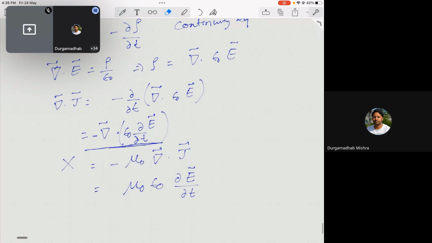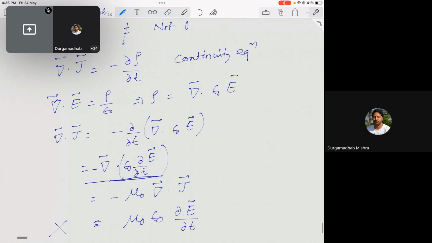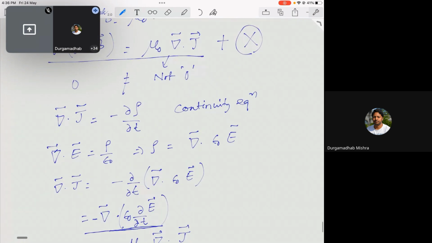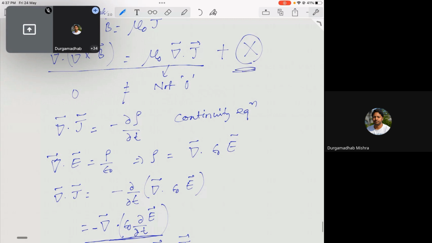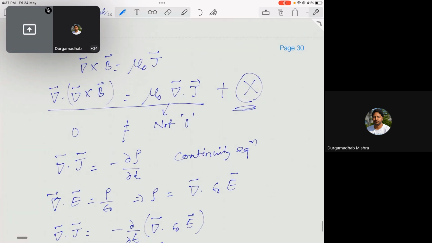So if I write x is equal to mu naught epsilon naught del E by del T and add the x term here, then mathematically I will make the equation correct, and from a symmetric point of view that also makes sense.